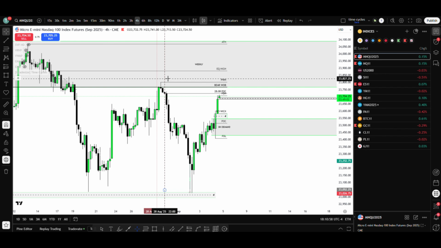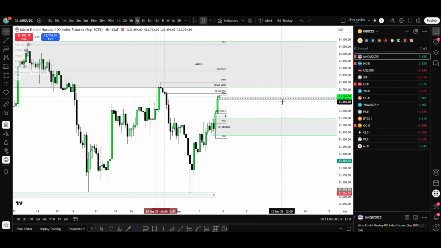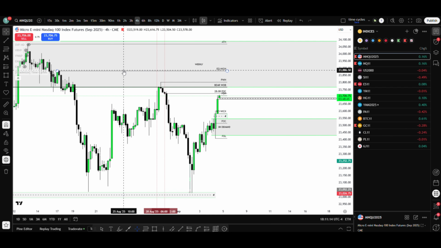Generated liquidity, equal highs. You can say what you want about equal highs and equal lows, but it is always a strong indicator. But on higher time frames, it sometimes takes a while before it's traded to. Except when you go on the lower time frames.